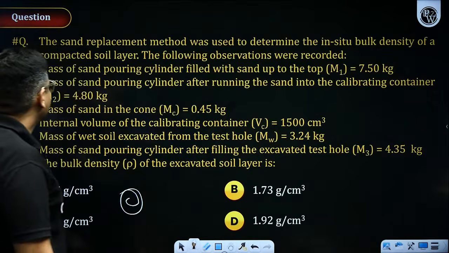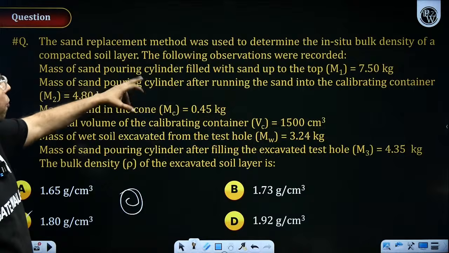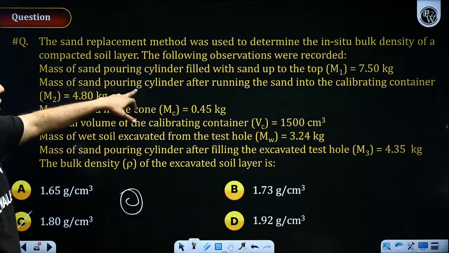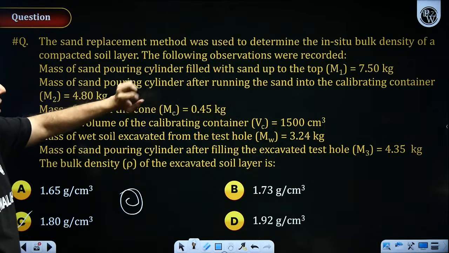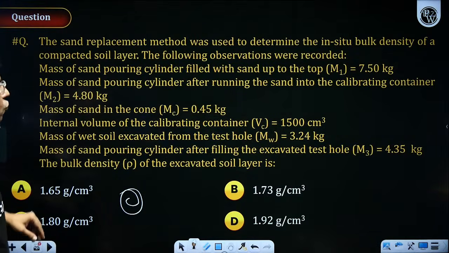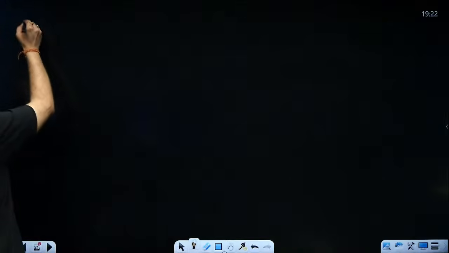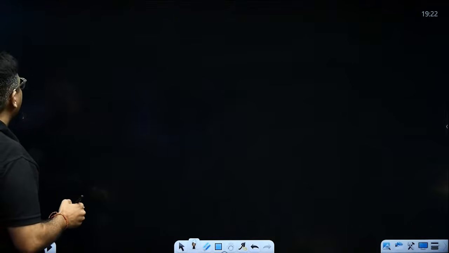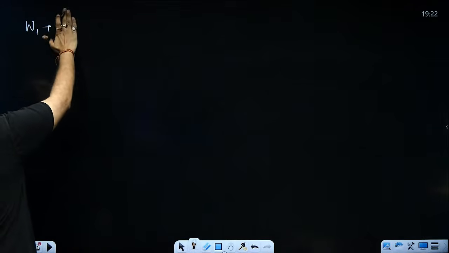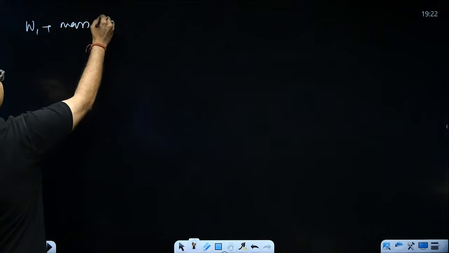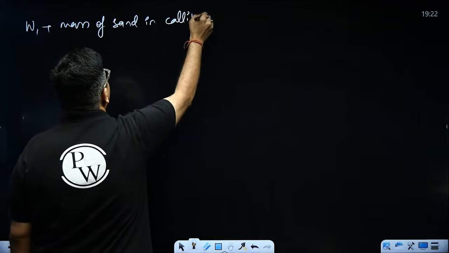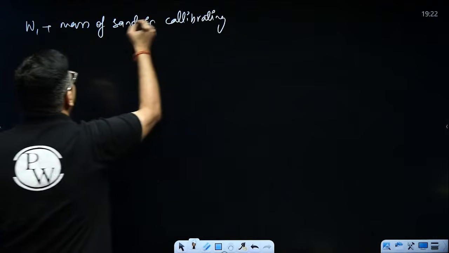Very simple question. See, mass of the sand pouring cylinder filled with sand up to the top was M1. Mass of sand pouring cylinder after running the sand into the calibrating container is 4.8 kg. So mass of sand in the calibrating can, let me call it W1, will be used to find out the gamma of sand.